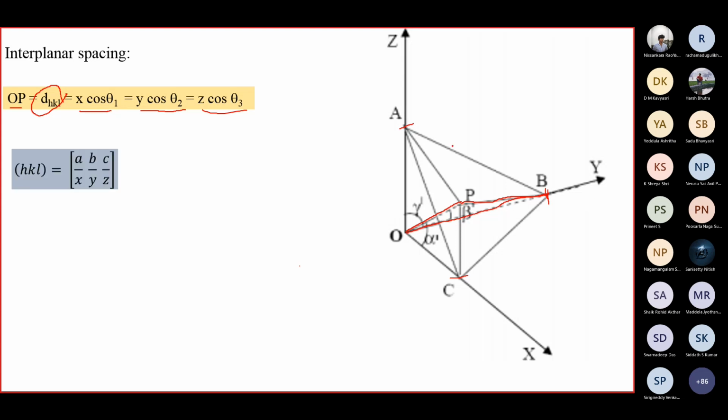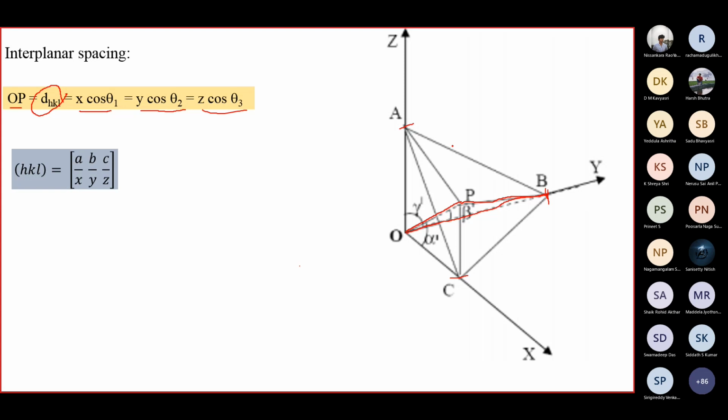So going further, hkl is equal to a by x, b by y, c by z. This is what hkl says. From the previous procedure or the definition, how do we derive hkl? hkl is equal to a by x, b by y, c by z. That's how we get hkl, right?